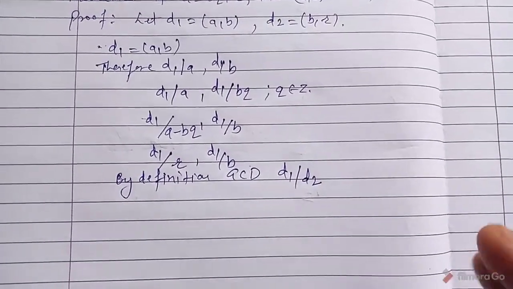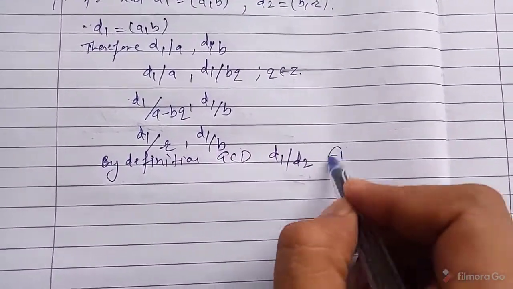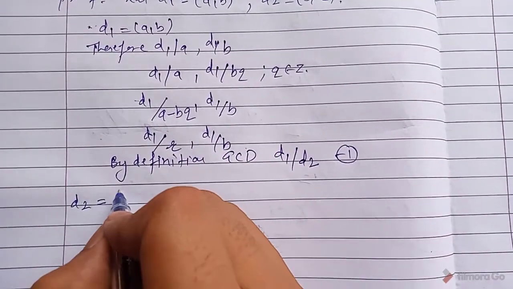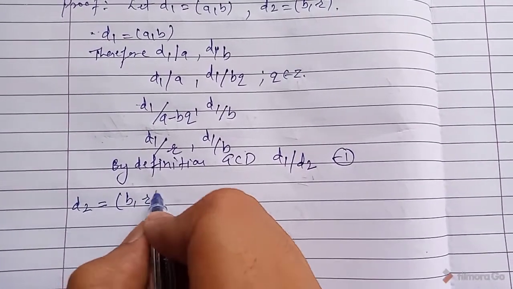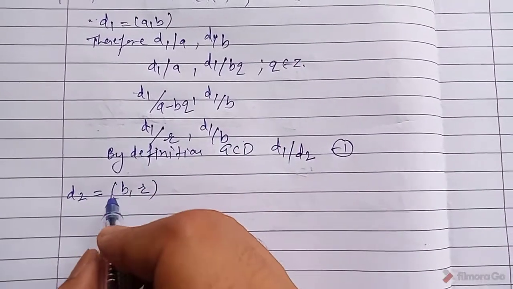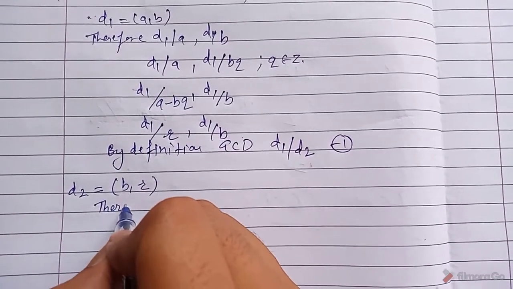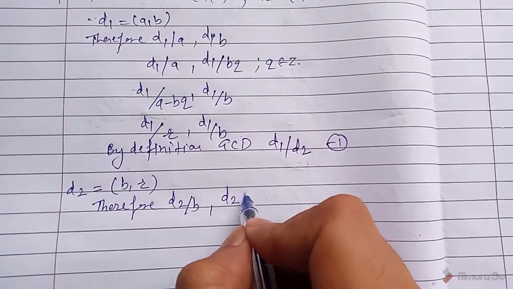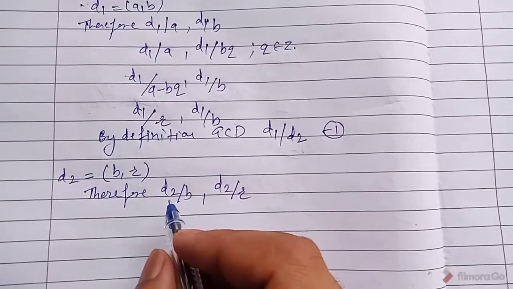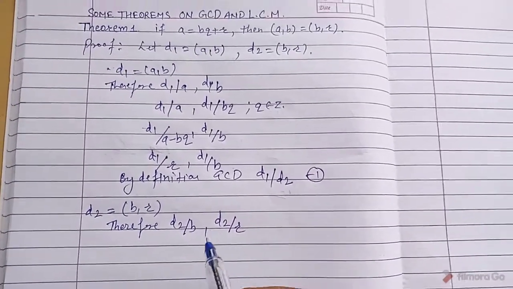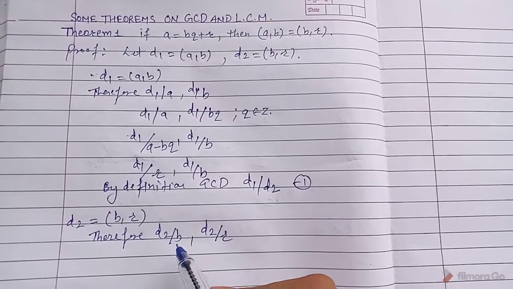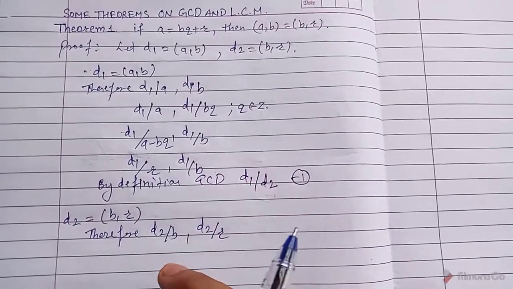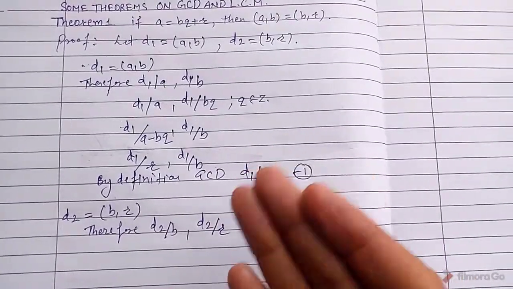Similarly we can prove D2 divides D1. D2 is equal to GCD of B and R. Therefore D2 divides B and D2 divides R. Now we have to prove that D2 divides A as well, so that D2 divides D1.